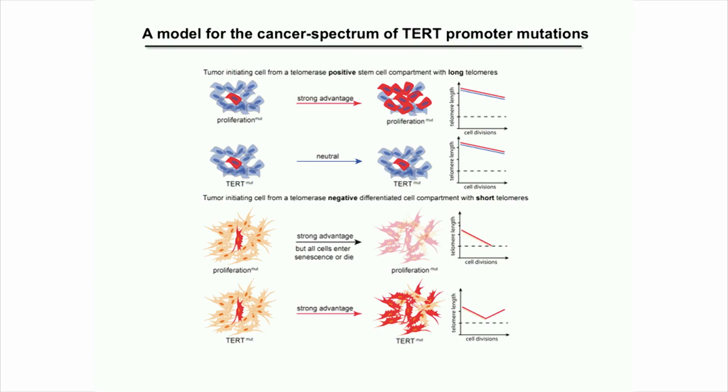I introduced this very conservatively by saying this is the most frequent non-coding mutation in human cancer. If you just ask how frequent this mutation is in any cancer, you find that in melanoma, it's found in 50% of all melanomas. It's found in 60% of all bladder cancer.